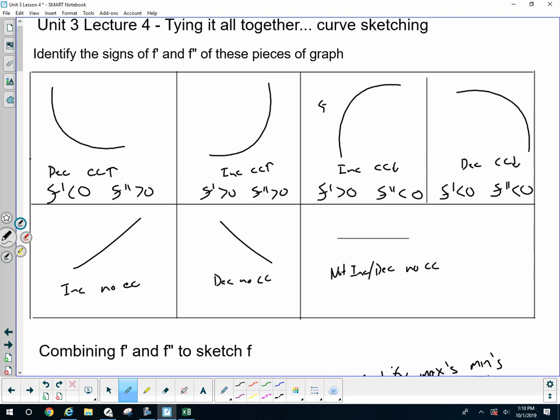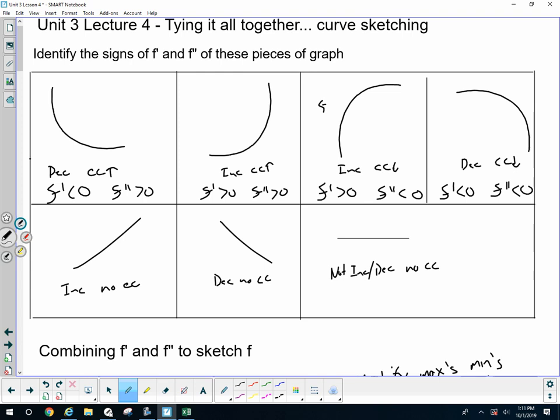If we think about increasing with no concavity, what would be the sign of the first and second derivative? Discuss with your neighbors. The first part should be easy. Something is increasing when, come on, discuss, wake up.